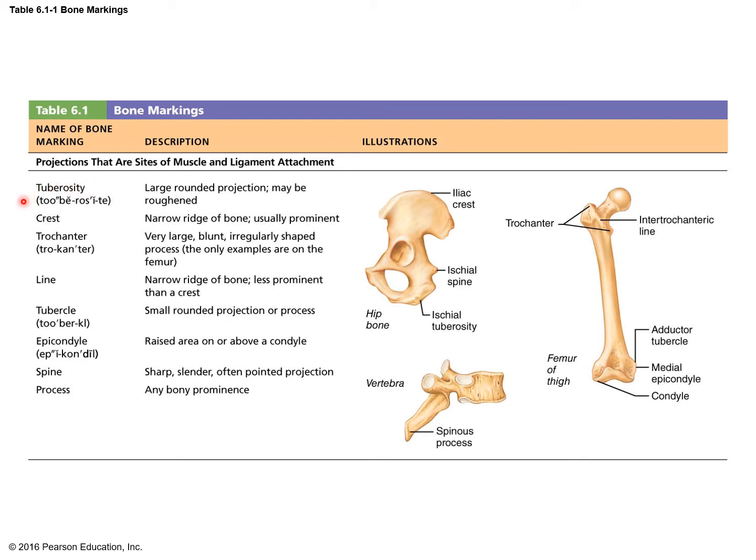So you have various tuberosities and crests. This would be a site for muscle attachments. It's usually fairly prominent. You have different processes, which is any type of bony projection out. A spine usually is a very sharp and slender, oftentimes pointed projection out.